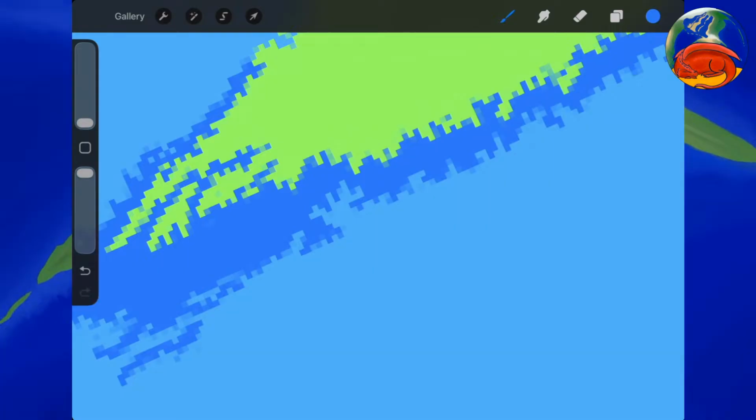I am going through the process of rendering this in a bit more detail, and I am trying to make it look like canyons and valleys and that sort of thing. But I guess this part's also aesthetic.